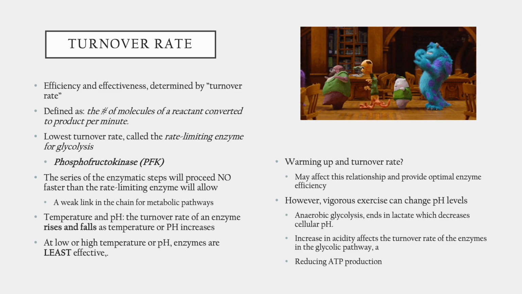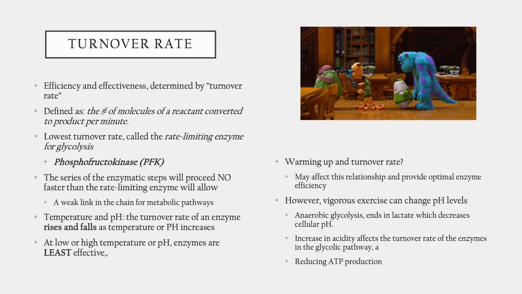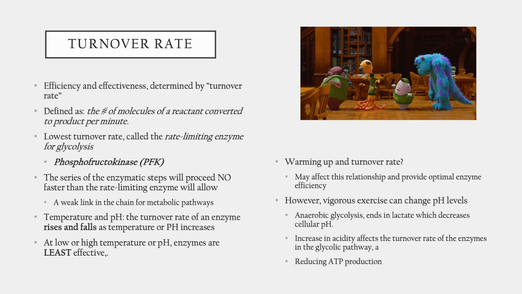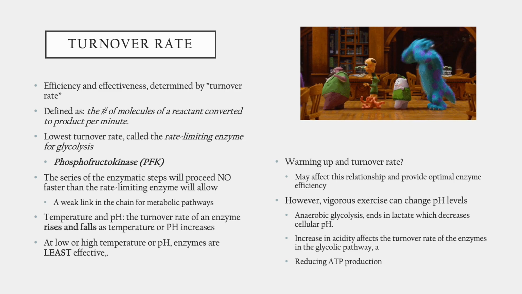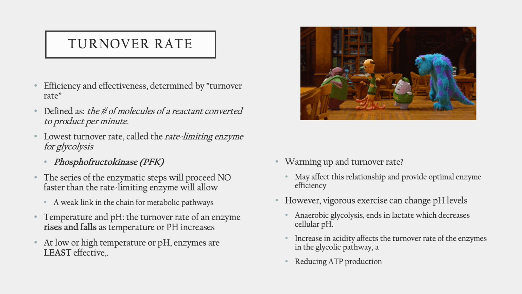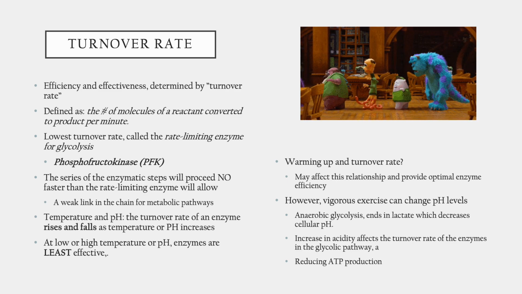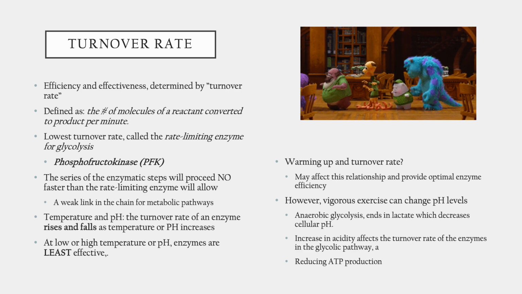The series of enzyme reactions will proceed no faster than the rate limiting enzyme will allow. So this is your weakest link. This is the weakest chain in that metabolic pathway. So you can see in the diagram here, you're only moving as fast as your slowest person on the team. Even if you are able to go faster, you're a part of the whole system.